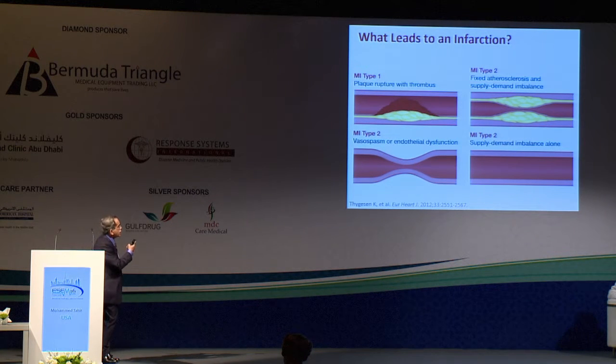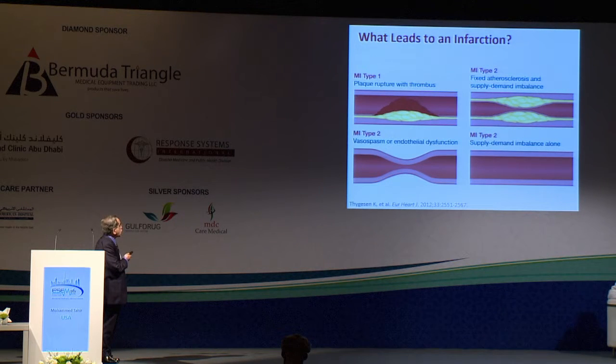One of the definitions for this sort of MI is that there has to be a rise and a fall in the troponin. That differentiates a type 1 MI from a type 2 MI, which I'm going to talk about, and most of my talk is about the type 2 MI.